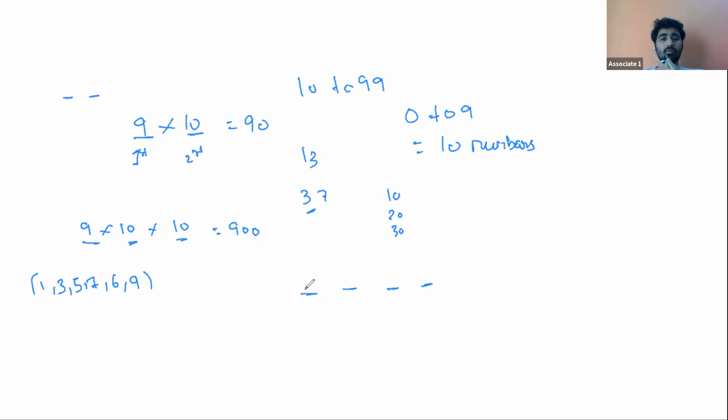Now, in the first space, how many numbers do we have in total? 1, 2, 3, 4, 5, 6. Any of these numbers can come in this space for the first digit. So we have 6 options over here. Now for the second one, there are two cases: without repetition or with repetition.